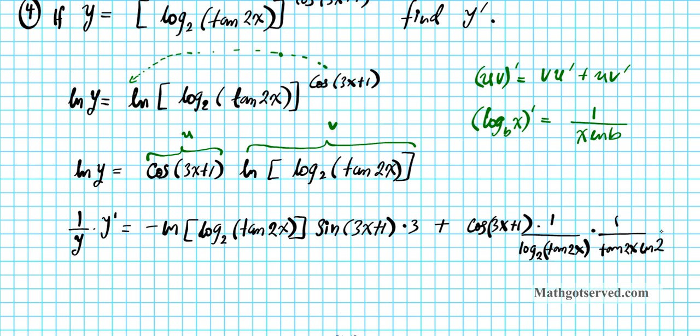All right, and then lastly, we're going to look for the derivative of tan 2x. Okay, so what's the derivative of tan? Remember what the derivative of tan is. Let's recall. The derivative of tan x is secant squared x. Okay, that's the derivative of tan.